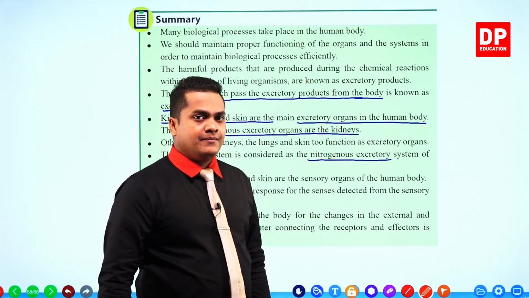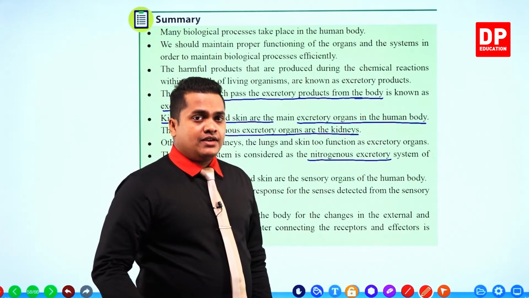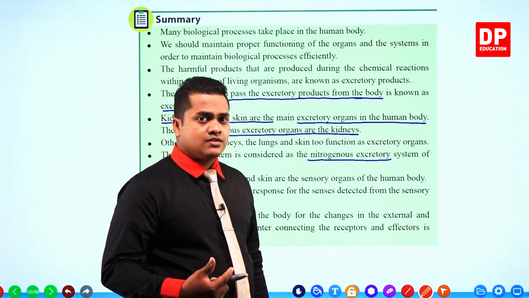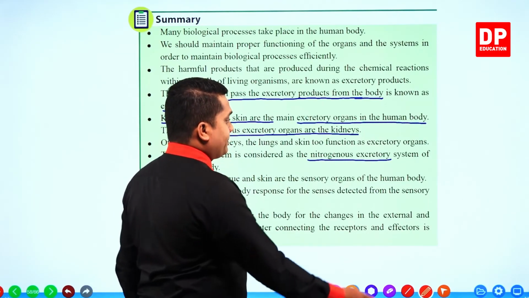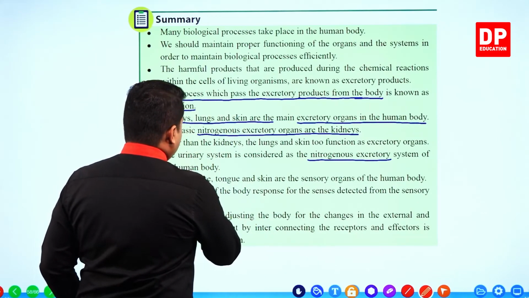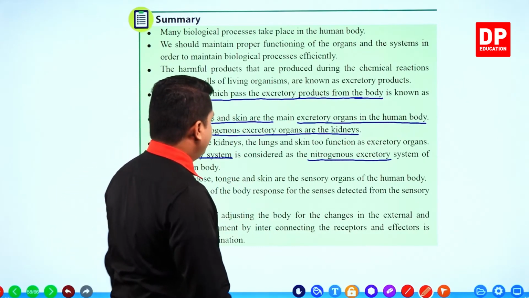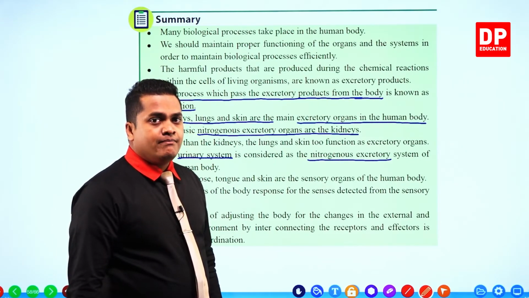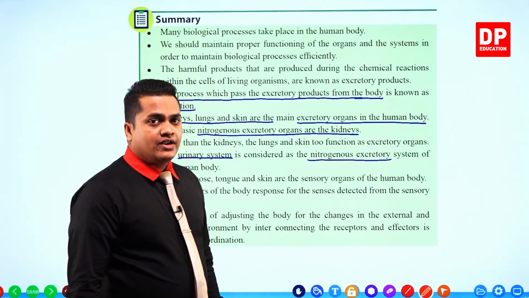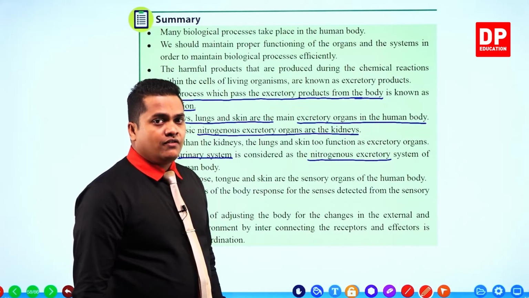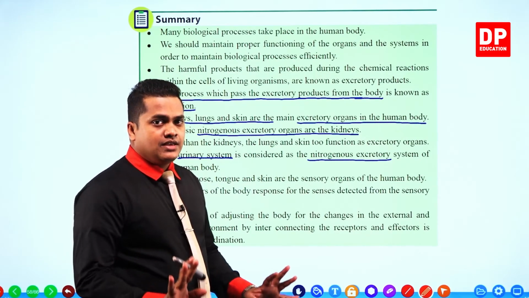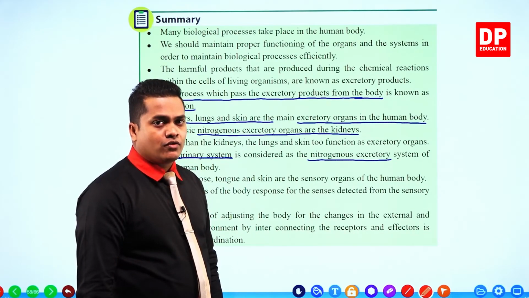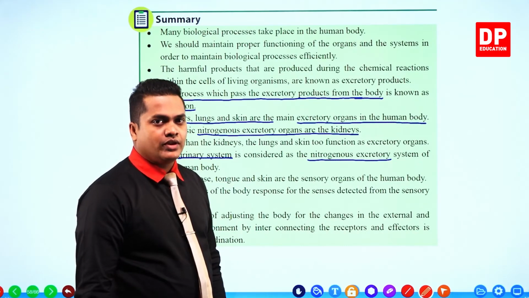The main method of excretion of nitrogenous excretory products is the human urinary system. Mainly the kidneys filter, and by the use of the urinary system, these excretory substances, mainly urea and uric acid, are expelled from the body.